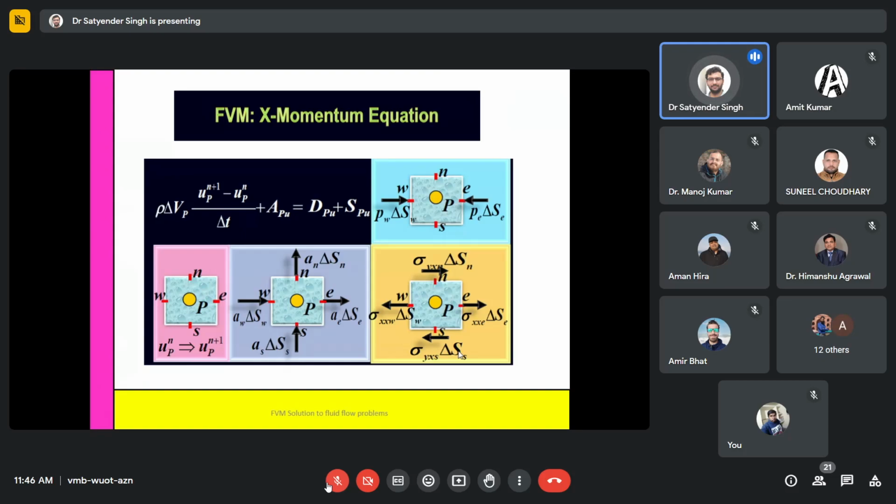And now collectively, what exercise we have done for individual terms, we will write now, let's say for x momentum, its discretized form in this way, where this first term corresponds to the unsteady term.